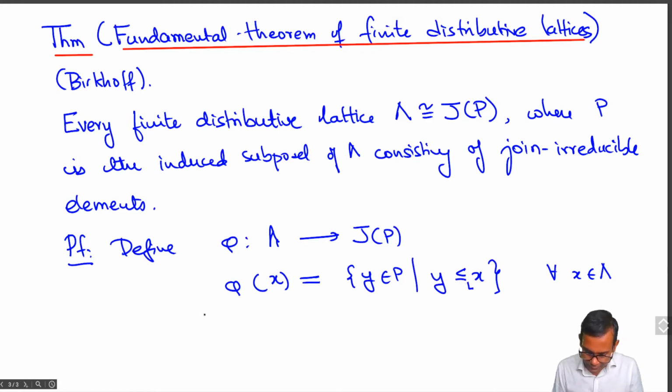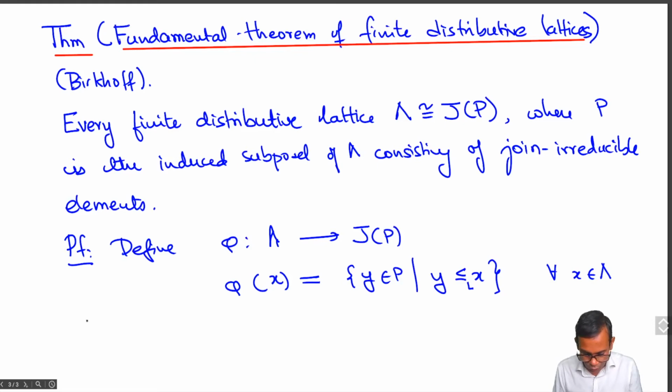And this of course is an ideal, because if y prime is less than or equal to y and y is less than or equal to x, then y prime is less than or equal to x. So phi of x is an ideal, and so this is a well-defined map from Lambda to J(P).